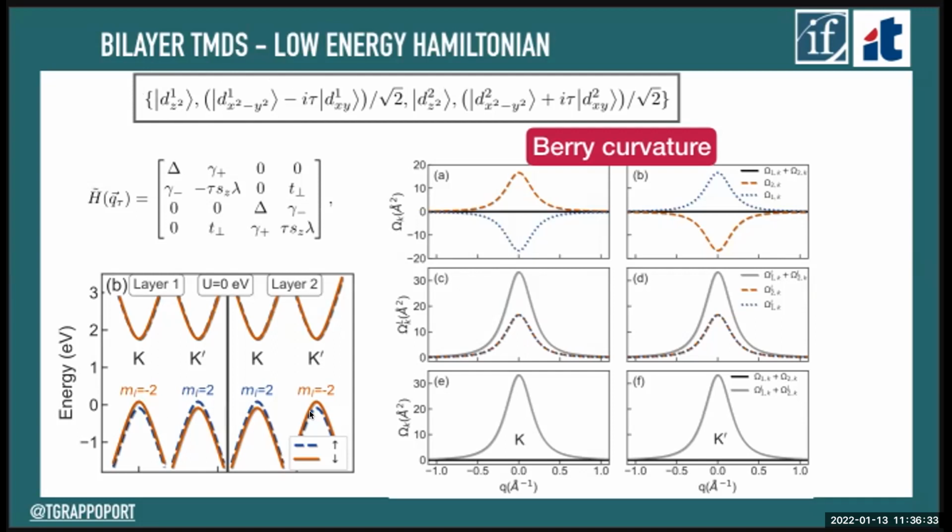So if we do so we have this band structure. We can calculate the Berry curvature projected in the layers. And we see that, as we should expect, the total Berry curvature is 0, although for one layer we have positive Berry curvature in K, and for the other layer it's negative, and the other way around for K prime, but the total Berry curvature is 0.